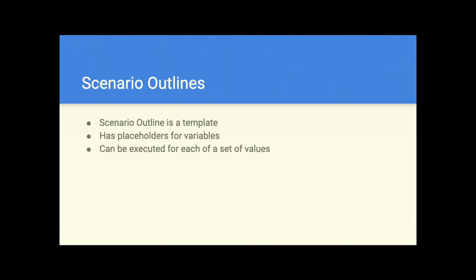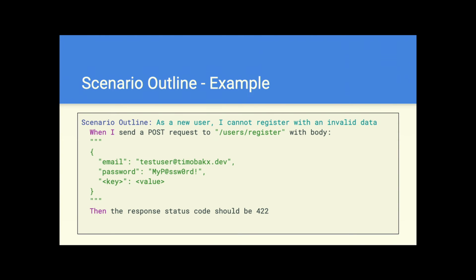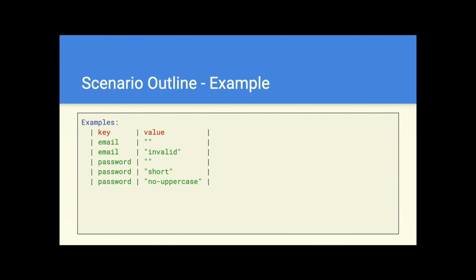This is very similar to a data provider in PHPUnit. You write your outline as you would write any other scenario, but you make sure that there are some variables in there. And then you have your example set with the same variables in it, and then the values that you use inside those variables.